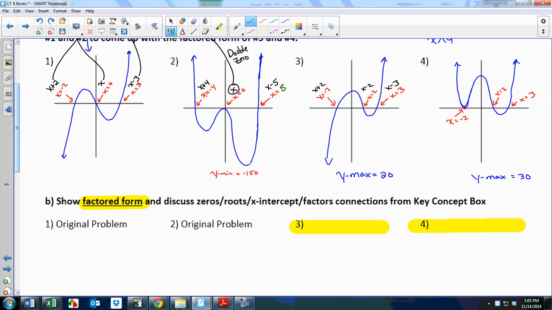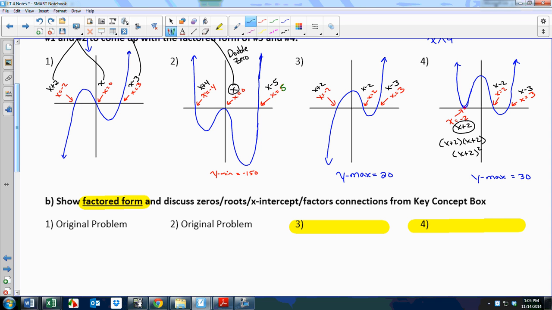Look at number 4. The x plus 2 here, and the x minus 2 here, and the x minus 3 here. One of those is not a single. The x plus 2 factor is a double root. So x plus 2 gets used twice, or you write it as a squared, x plus 2 squared.